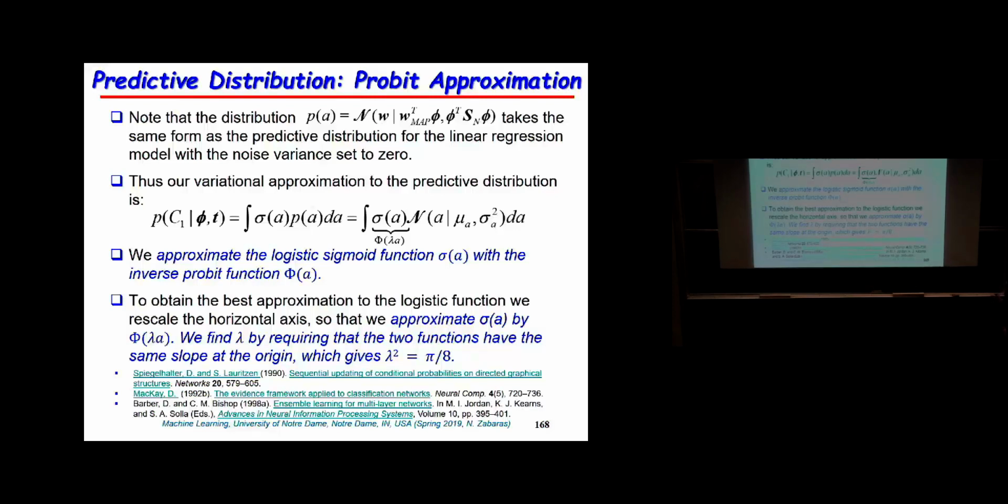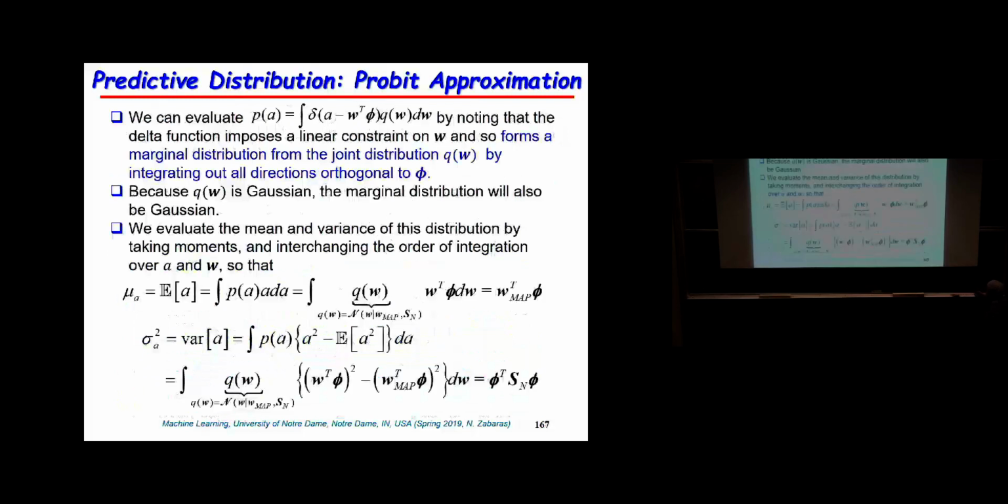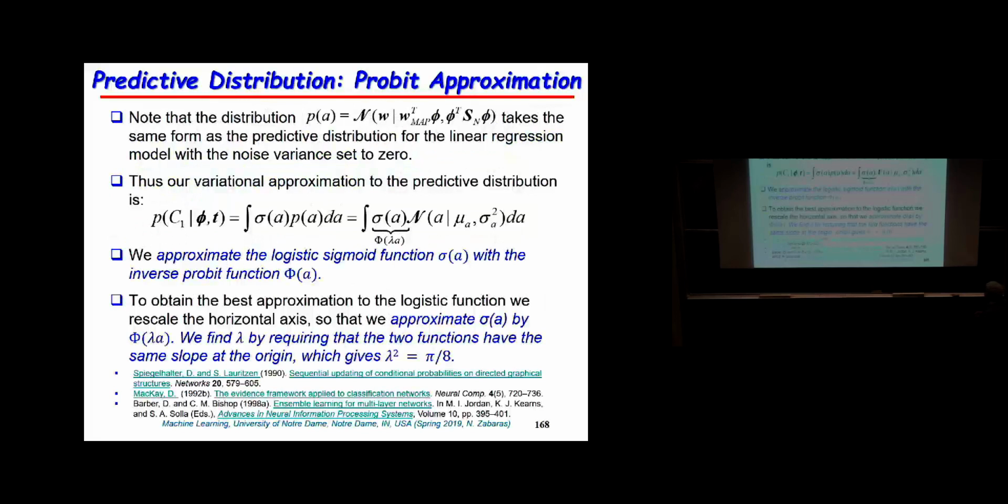What happened to W? There's no W, right? The W is whatever we have. They're parts of the mean and the covariance we got for this distribution P of A. So what we need to do is calculate an integral of the sigmoid with a Gaussian.